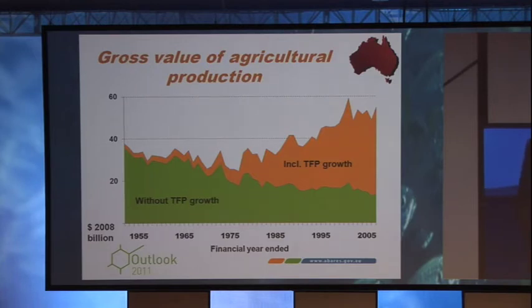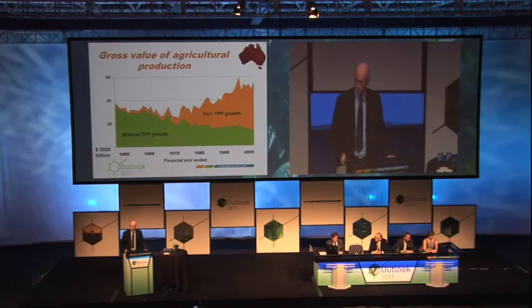If we didn't have productivity growth of the rates that we've been able to achieve over an extended period, and this dates from the early 1950s, our agricultural sector would be in a pretty sad state at the moment. About in that final year there, that's about 2006 or 7 or something, about 2/3 of that value of production is due to productivity growth. So it's extremely important.